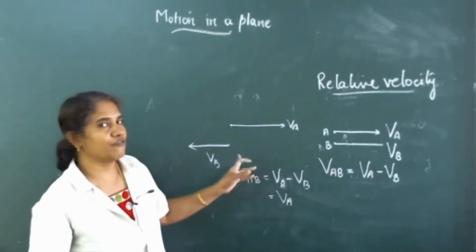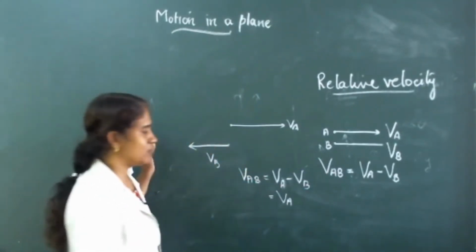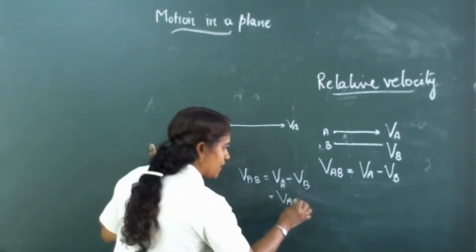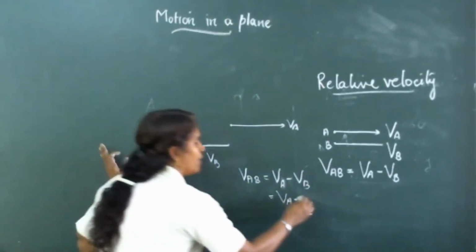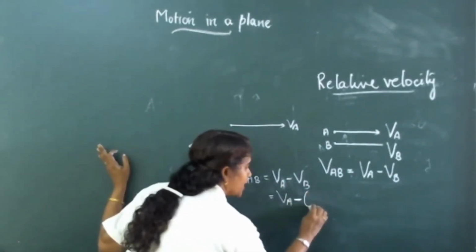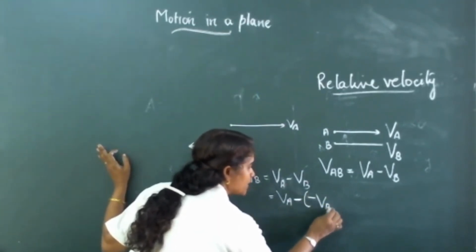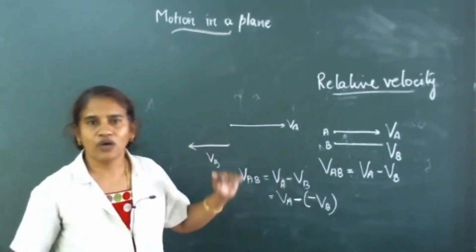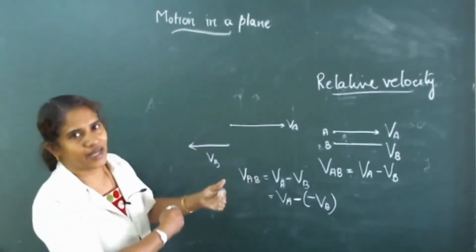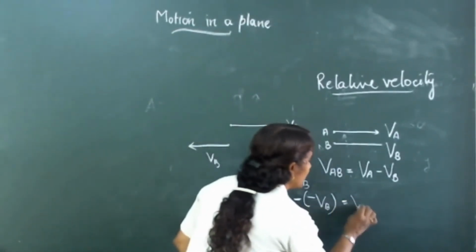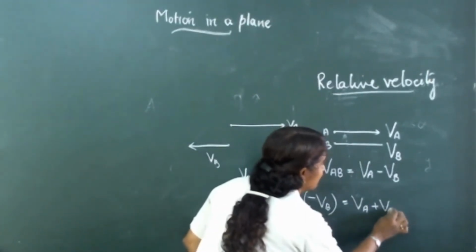What is the direction of VB? Negative direction. So VA minus VB, since VB is in the opposite direction, means the opposite direction of VA. So it will be VA plus VB.